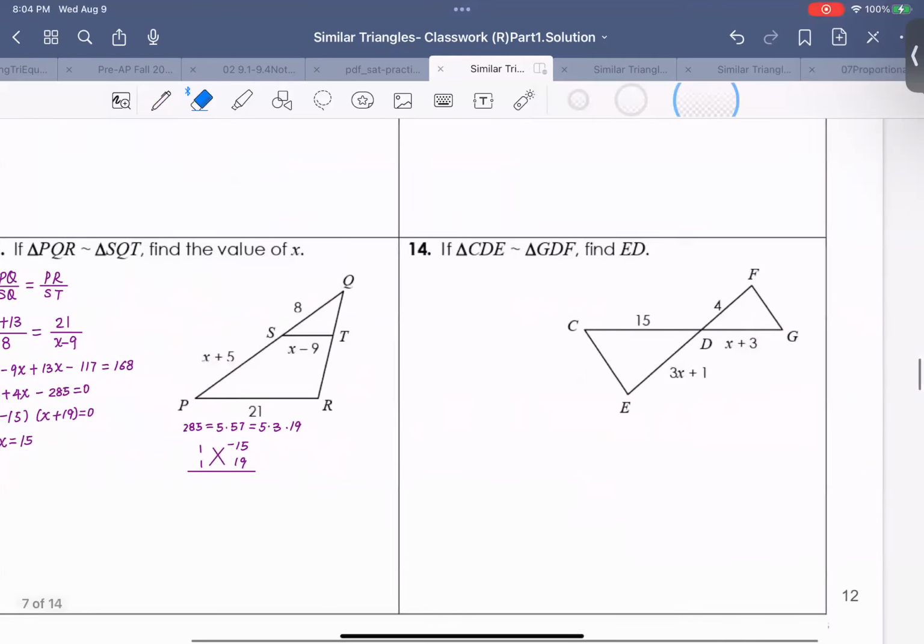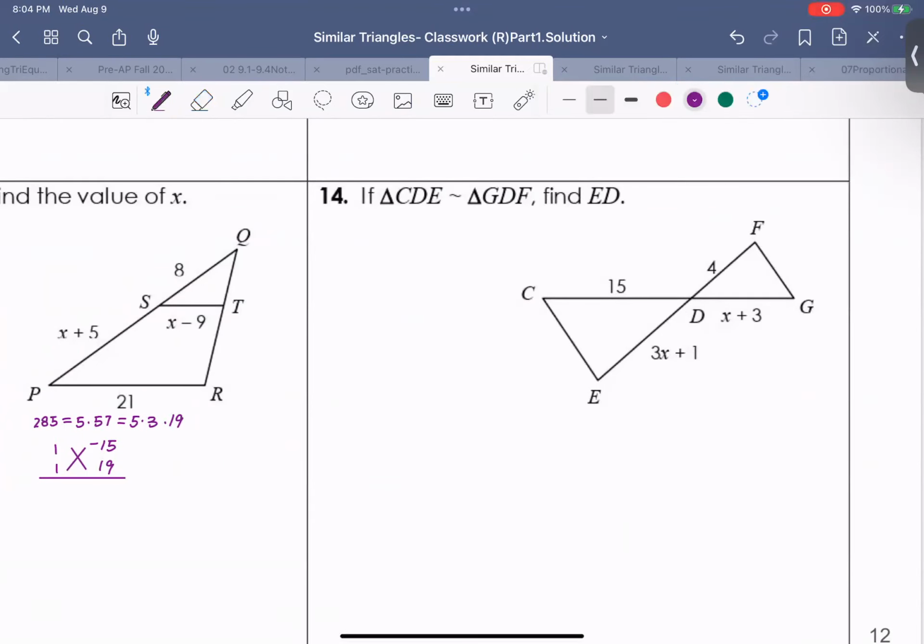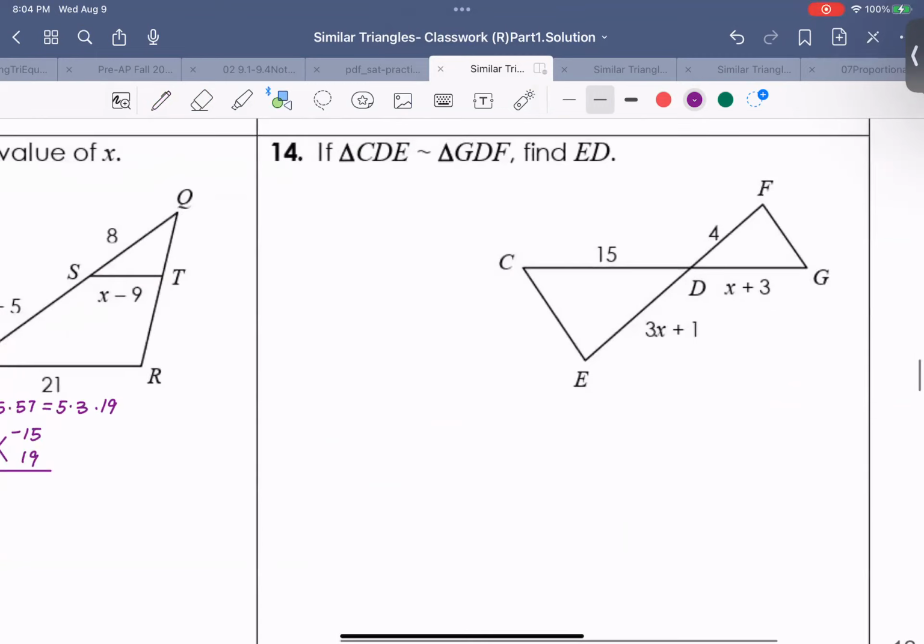Anybody want to try 14 with me? Jeffrey, let's go ahead. List the equation, please. So CD over GD equals DE over DF.